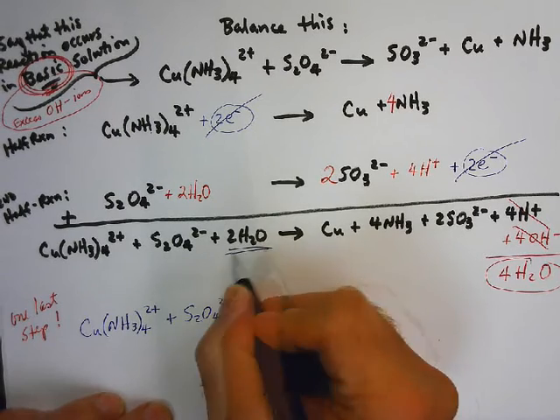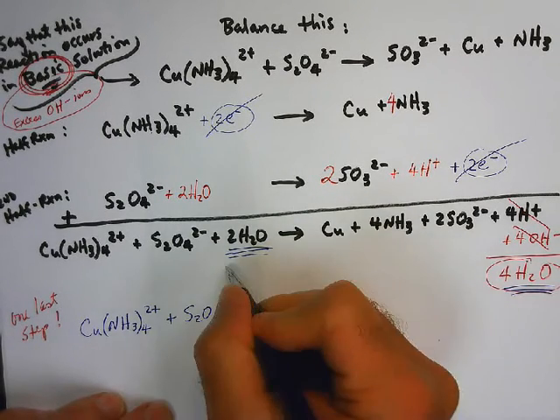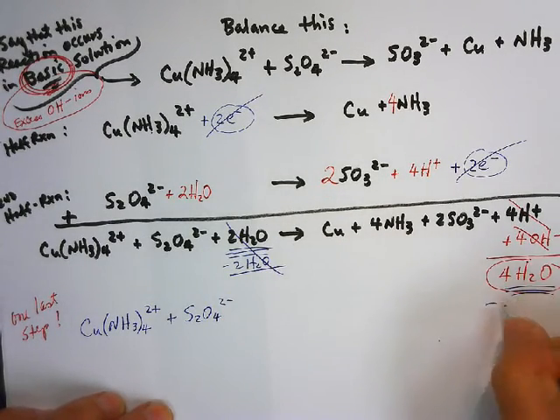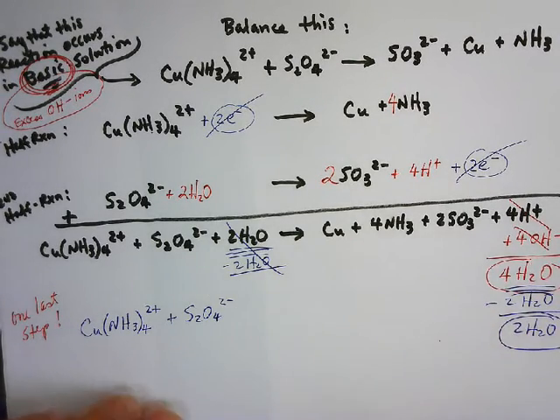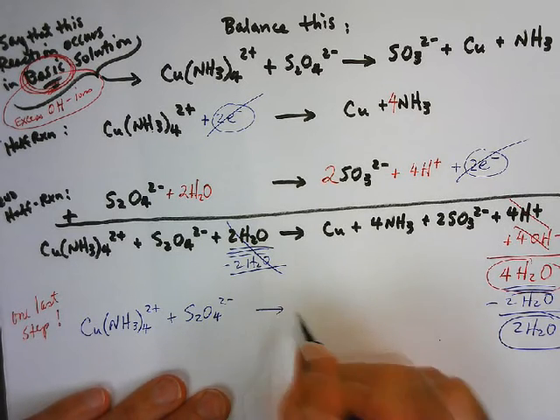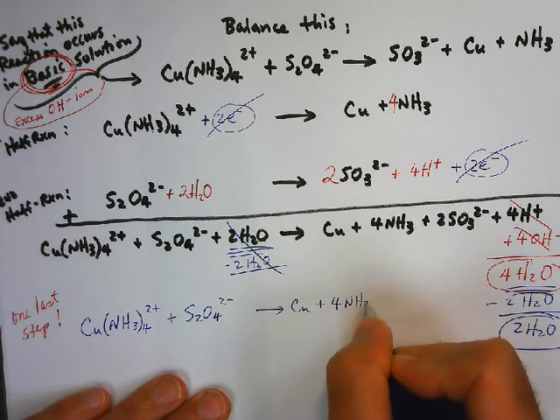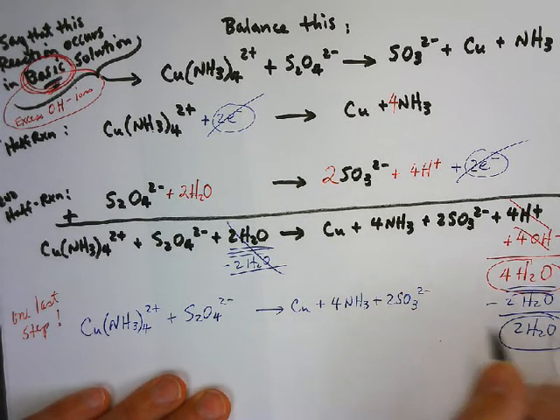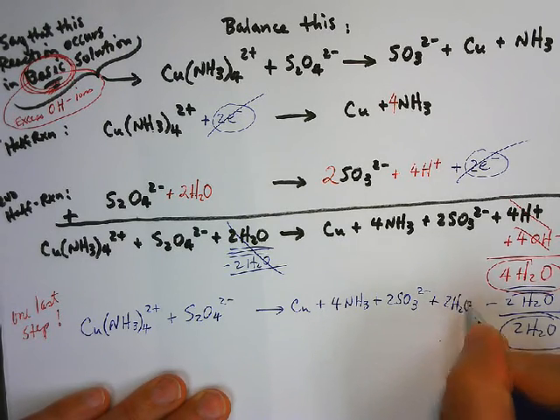Here we have 2 waters and we have 4 waters on the right. So I need to subtract 2 waters now from both sides to consolidate them. And so we'll end up with 2 waters on the right and none on the left. So arrow Cu plus 4 NH3s plus 2 SO3 2-, and then finally plus 2 H2Os.